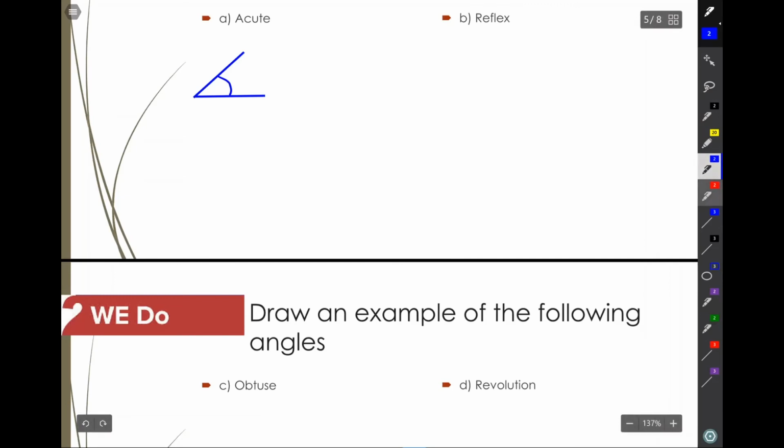A reflex angle, we can actually use the same set of lines and include our reflex angle on it like that. Or if we want to draw our own reflex angle over here, it's just any angle that's bigger than 180, but not quite a full revolution. So I'm going to draw a reflex angle like that.